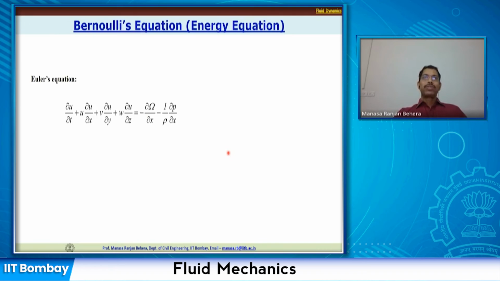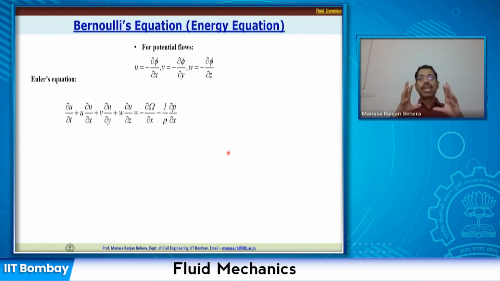Now, as we have already discussed, this is an irrotational flow, and for the conditions that we have discussed, the potential flow theory is applicable. If you remember, when we have the potential function, u can be written as minus dou phi by dou x, v is minus dou phi by dou y, and w is minus dou phi by dou z.